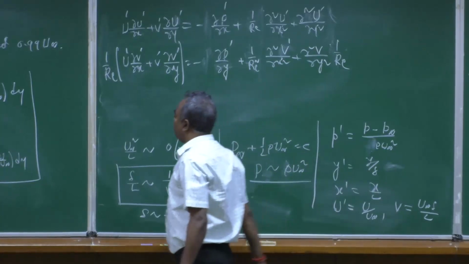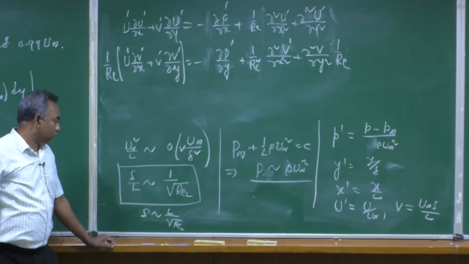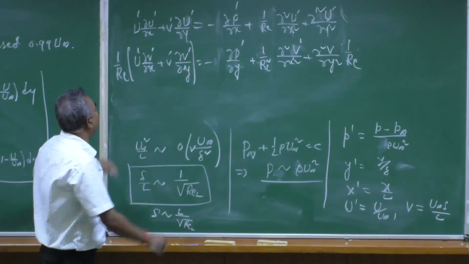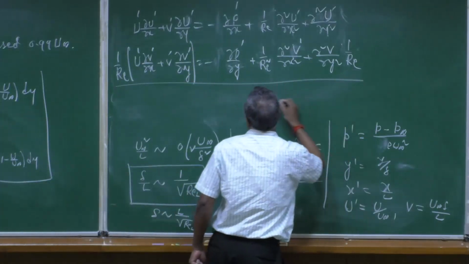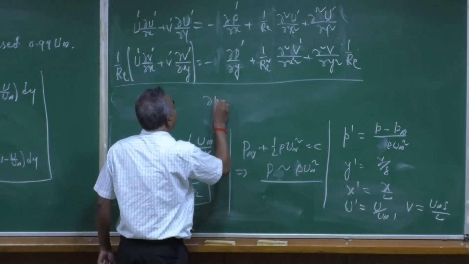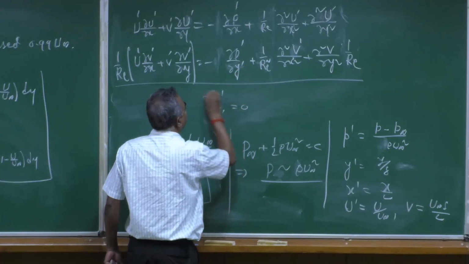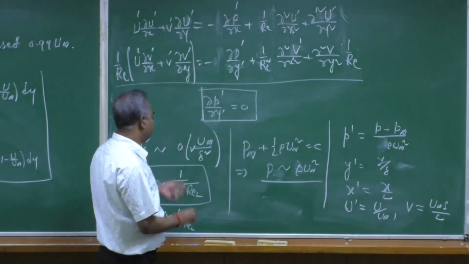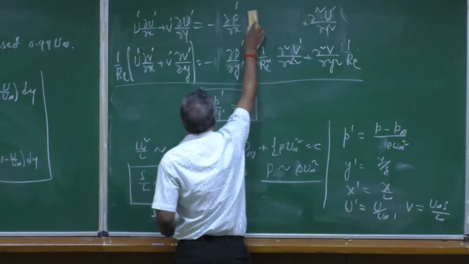Now we are talking about a boundary layer flow, meaning the high Reynolds number case. So, when Reynolds number is high, from this equation, what do you get? You get that del p prime del y prime is equal to 0. This is what the y momentum equation shows, and the x momentum equation will show that this particular quantity will go.